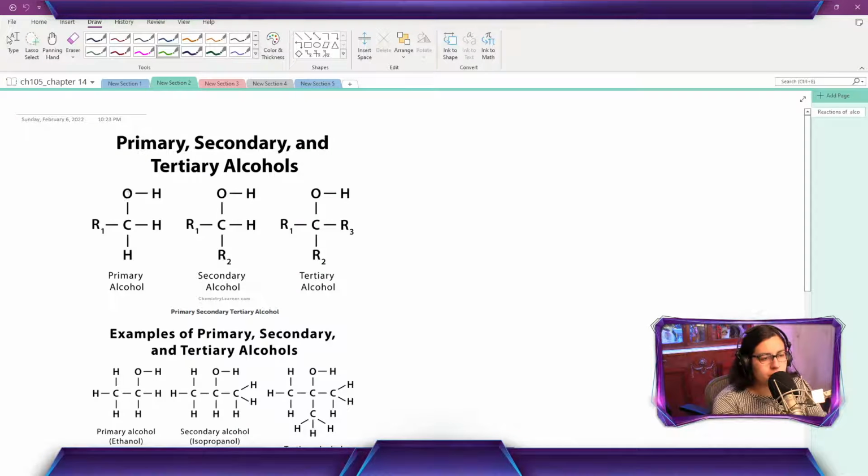A primary alcohol is connected to a carbon that's connected to one R group. A secondary alcohol, we only have one hydrogen on the carbon it's attached to, so it's attached to two R groups. And a tertiary alcohol is an alcohol attached to a carbon with no hydrogen, so all three of them are R groups.